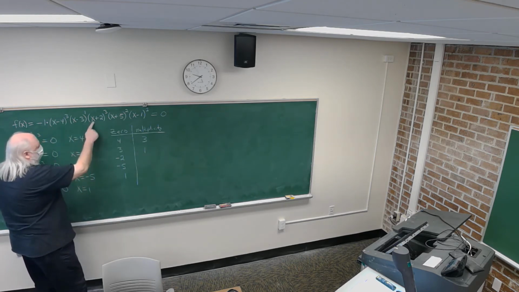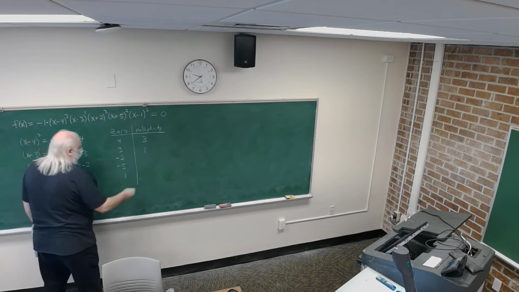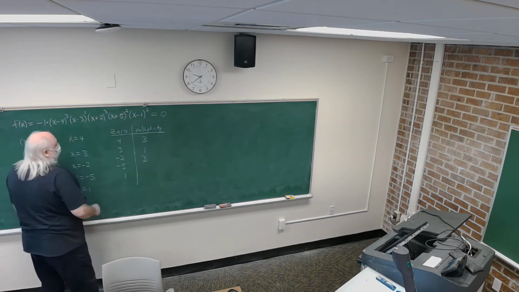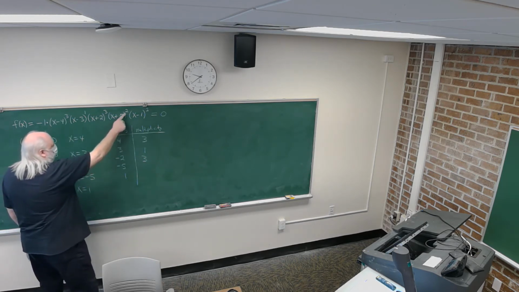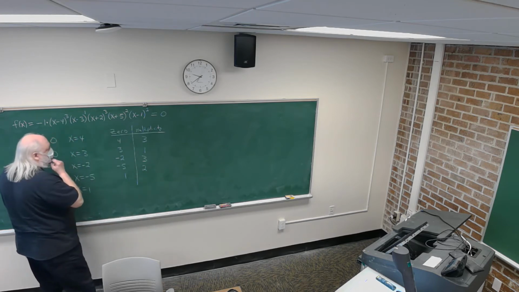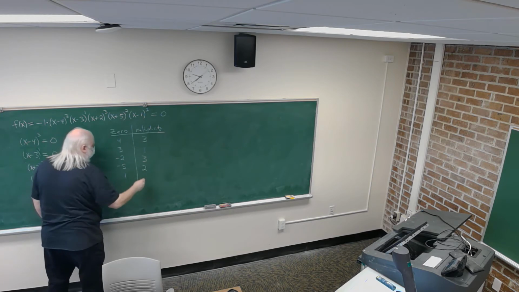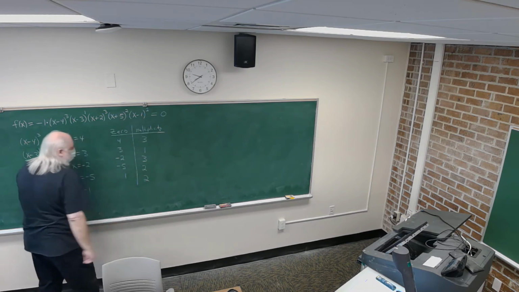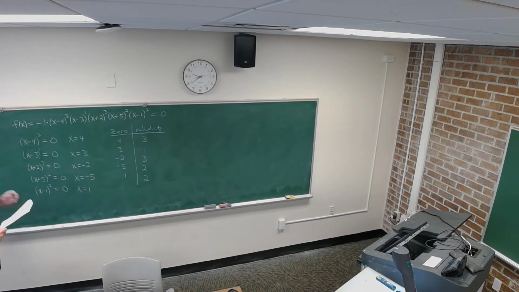The zero x equals minus 2 has a multiplicity of 3. The zero x equals minus 5 has a multiplicity of 2. And the zero x equals 1 has a multiplicity of 2.